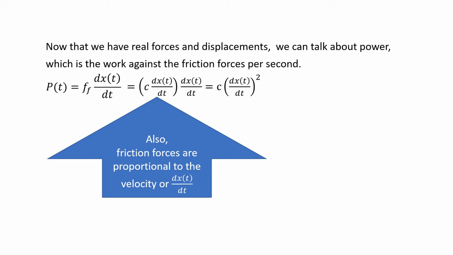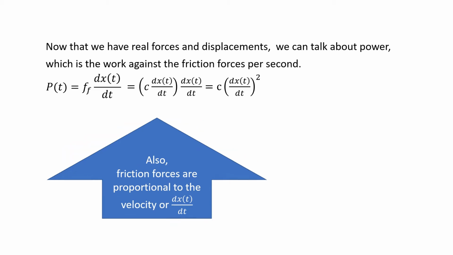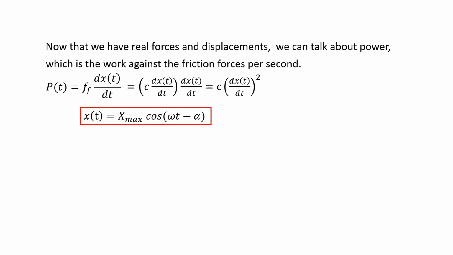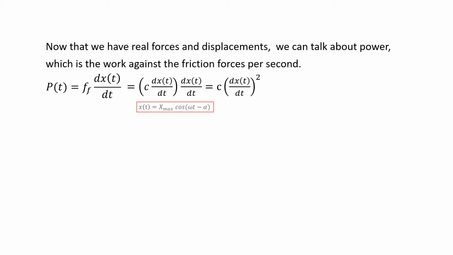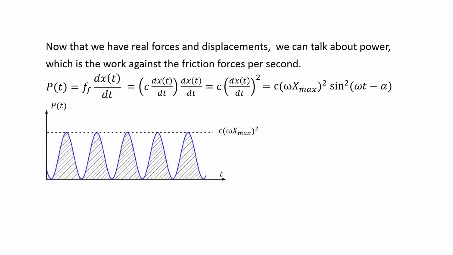That's why the velocity shows squared. Now we may replace x by the general solution we obtained to get an expression for the power as a function of time. Here's a chart showing the power peak values and even the time shift due to the stimulus to response phase.